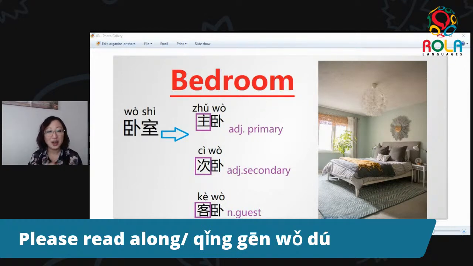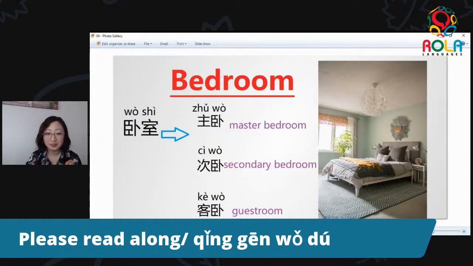Guest. So needless to say, I think everybody would be able to guess what these 3 words meant. Let's take a look to see if you're right. Of course, 主卧 means your master bedroom, your primary bedroom. 次卧 means your secondary bedroom.